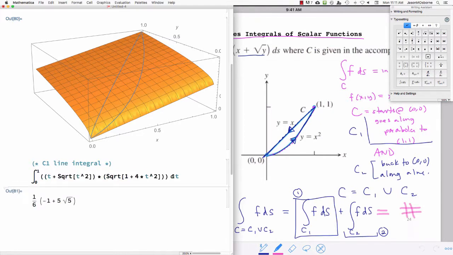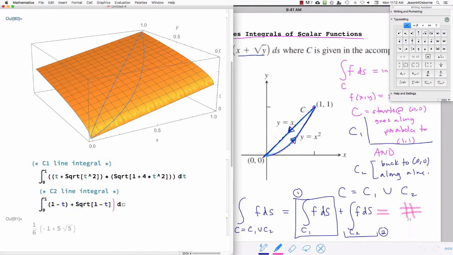Okay, the second line integral we had to do was the C2 line integral along the straight line. And again, we needed to do an integral from time 0 to time 1. And I think x was equal to 1 minus t at that point, plus the square root of 1 minus t.